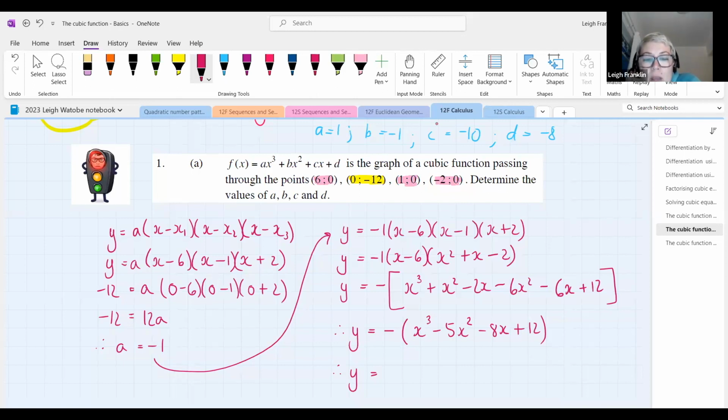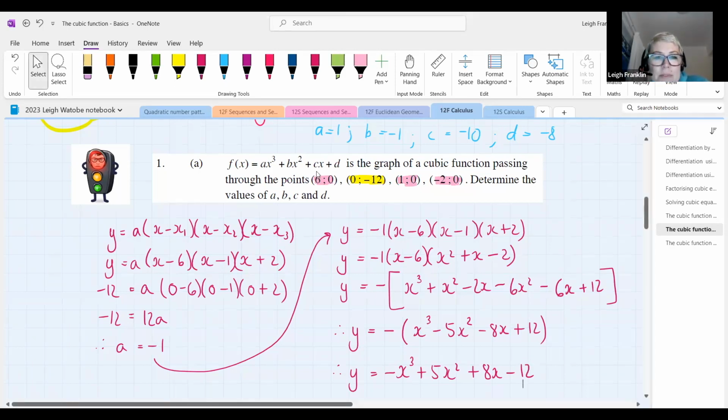Yes, ma'am. Okay, then it's going to be negative x cubed, plus 5x squared, plus 8x, minus 12. Beautiful. Oh, that was stunning. Well done.